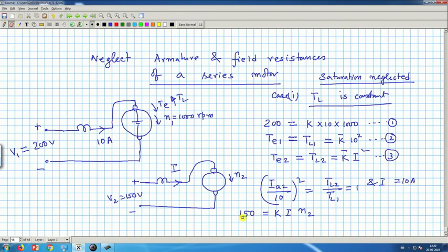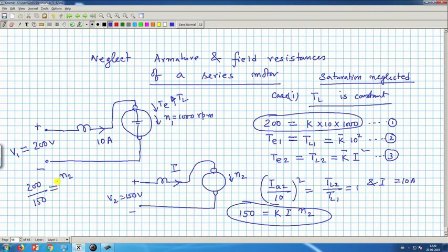So, supply voltage is K I N 2. Therefore, what will be N 2 now? So, this one and this, you take the ratio, that is 200 by 150 is equal to 10 into 1000 by... I have got 10 ampere once again here in the second case.